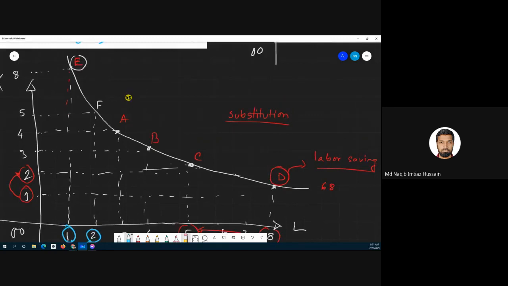You immediately jump from point E to point F, and at point F, from the capital's point of view, you have a significant saving of 3, and you can operate at 5 capital, right? Okay?